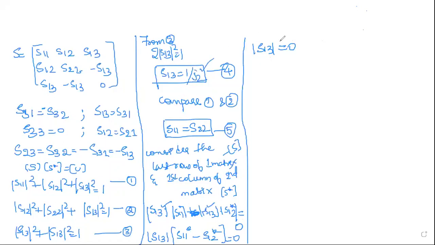So S13 cannot be equal to 0. Correct? S13 value we have already found out, it is 1 by root 2. So the value which can go to 0 is S11 star minus S12 star, which is equal to 0. So you can write this as S11 star equal to S12 star.